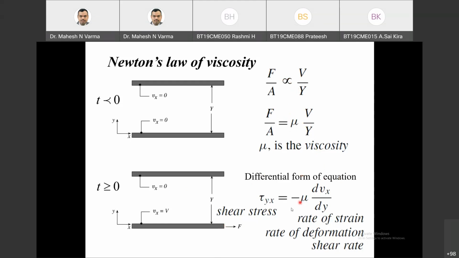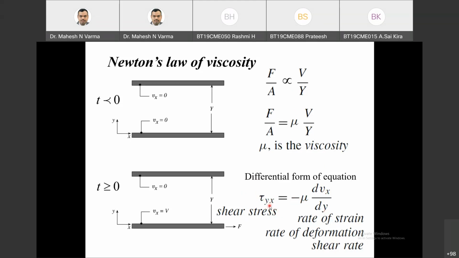The differential form of this equation is written as tau yx equals minus mu dvx by dy. All the time we try to keep the flux positive, because it is very difficult to give a physical interpretation of a negative flux. Hence this negative sign comes into the picture, as velocity is decreasing with increasing y.